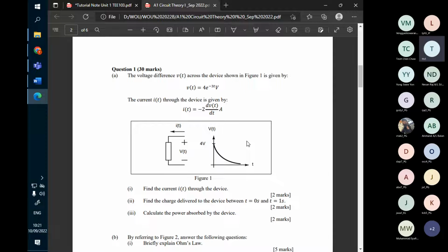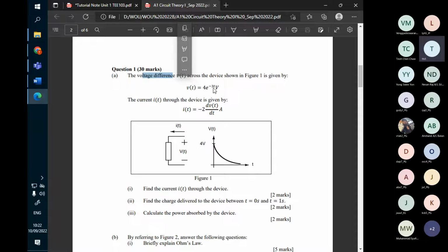See, with the knowledge we acquired just now, see whether we can solve this question or not. So they say that the voltage difference across a device is given as this function, 4 exponential to the power of negative 3t volts.